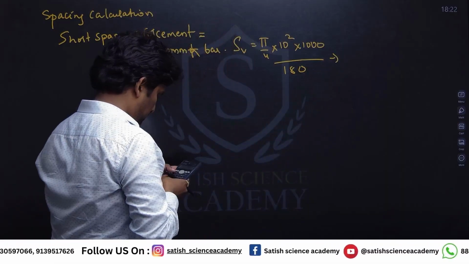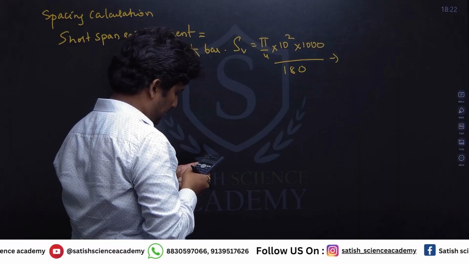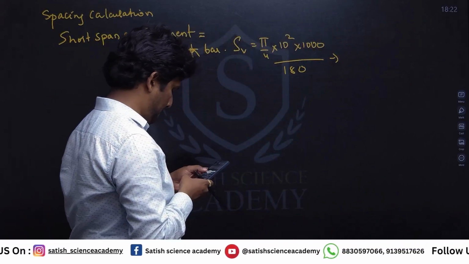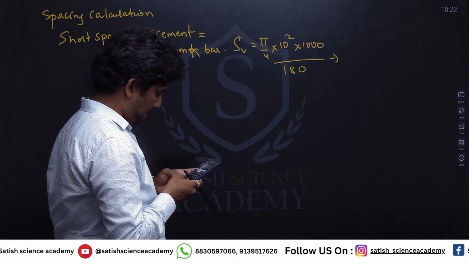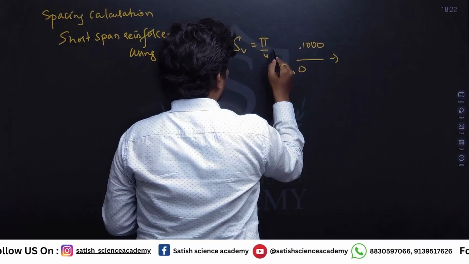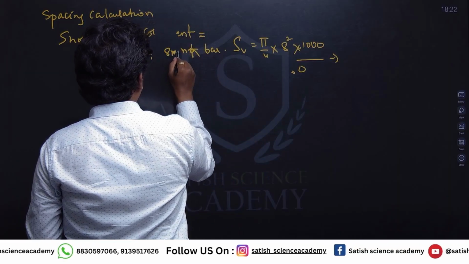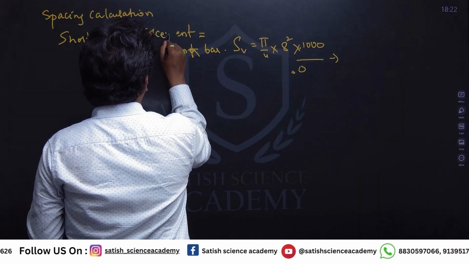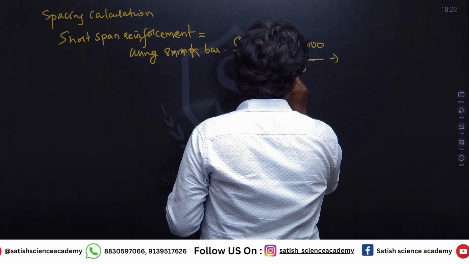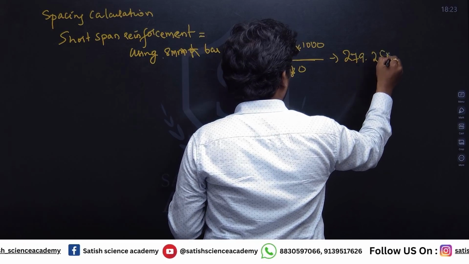Instead, we'll take 8 mm diameter bars. So with 180, you will get 279.25 mm.